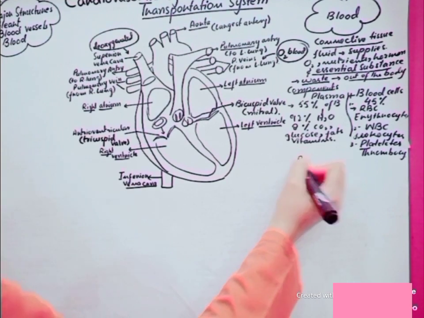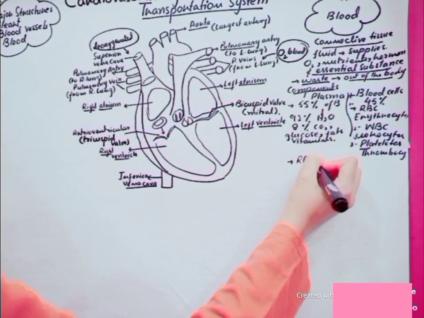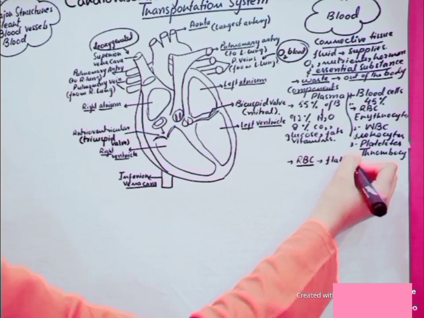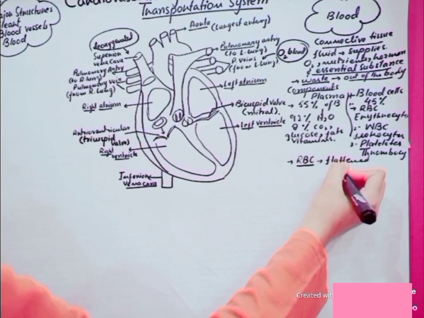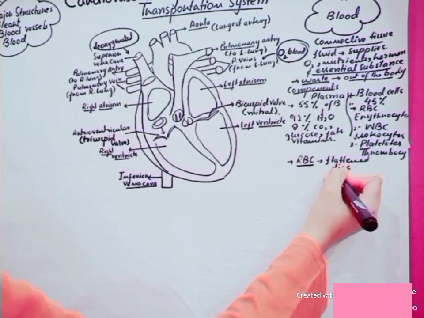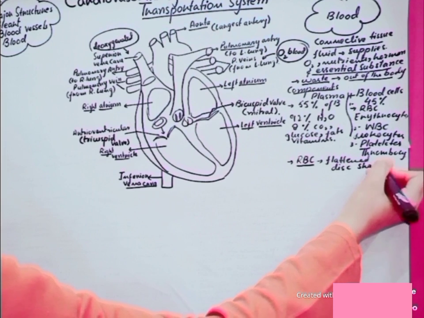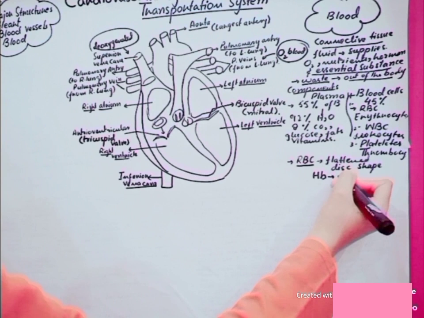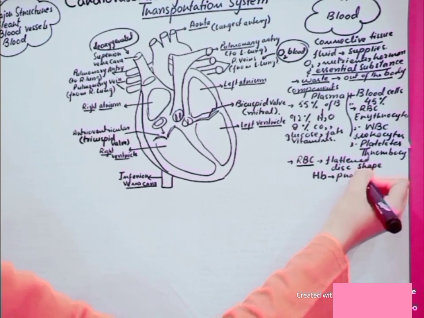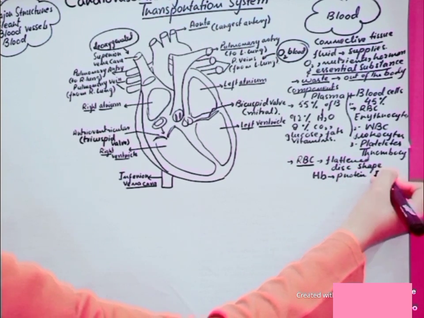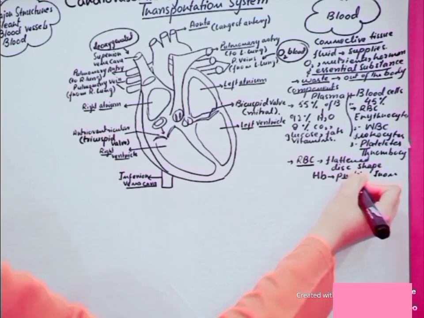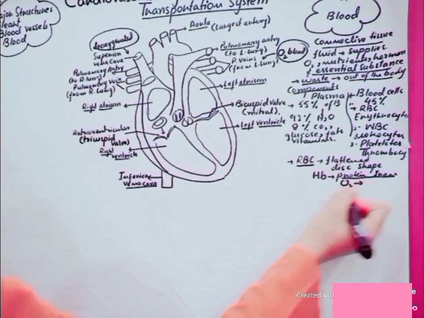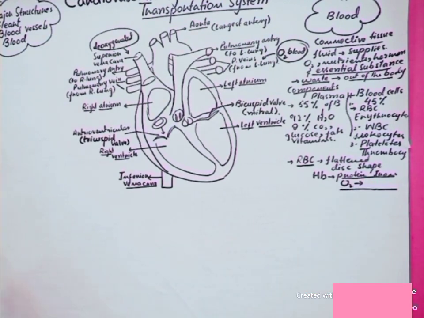The red blood cells are flattened disc-shaped structures. They contain hemoglobin, which is a protein, and have iron, so that they carry oxygen and transport it to different body parts.